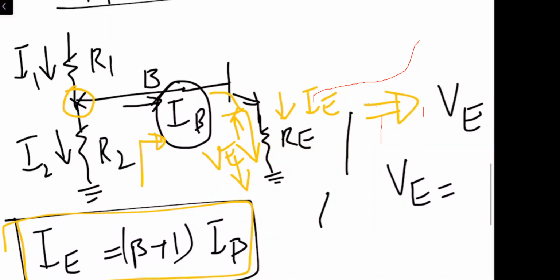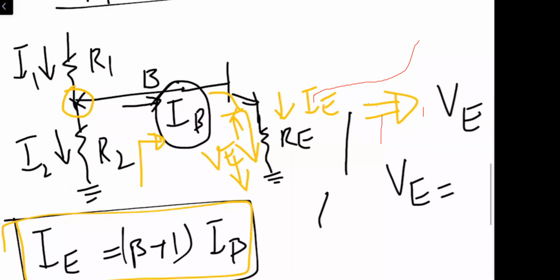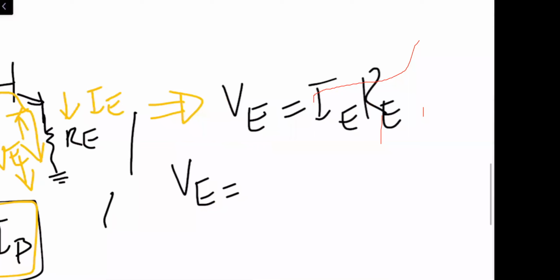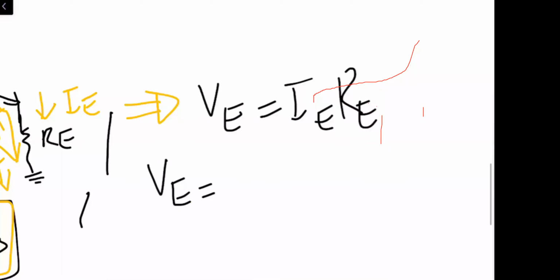Are you with me? Yes, sir. IE is equal to beta plus 1 times IB. If I replace this value over here, I can write IB times beta plus 1 times RE.